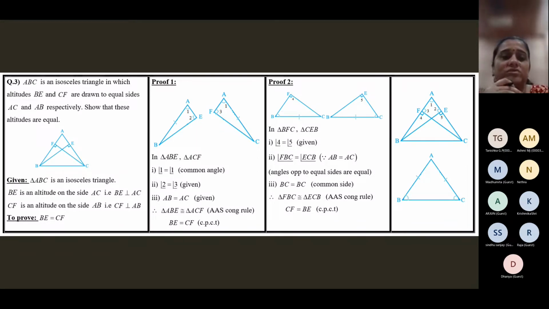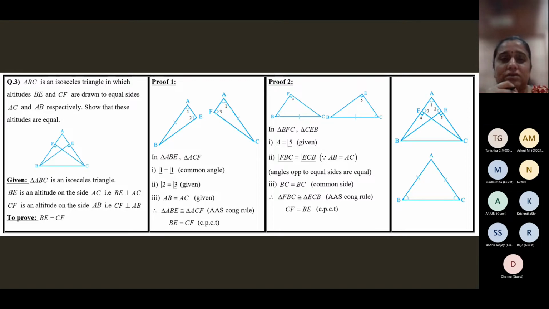Yes, that is what the question is. ABC is an isosceles triangle with AB equal to AC. Now we have the altitudes on the side AC and AB, on the equal sides.